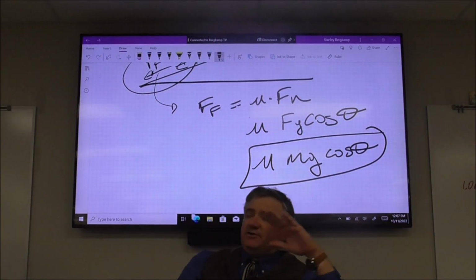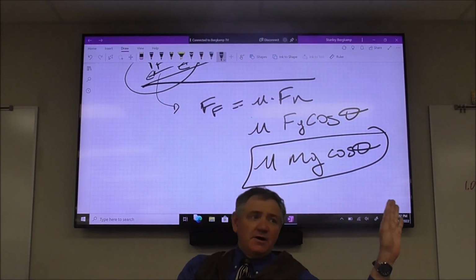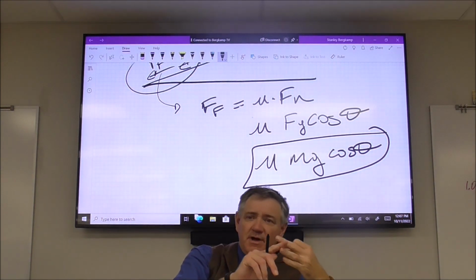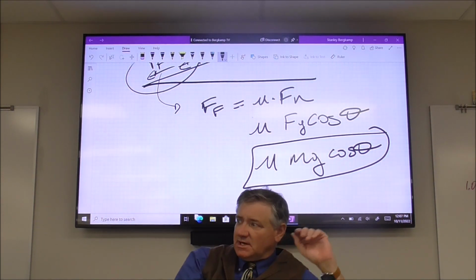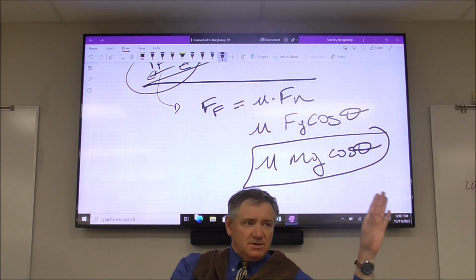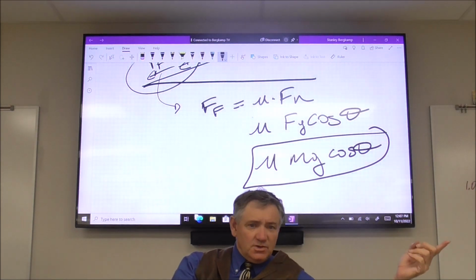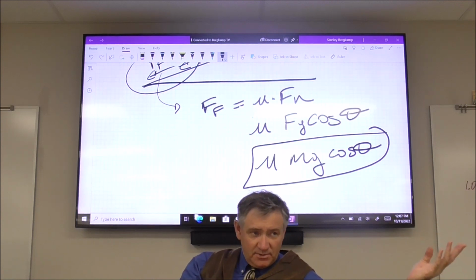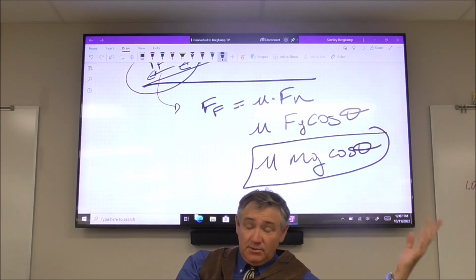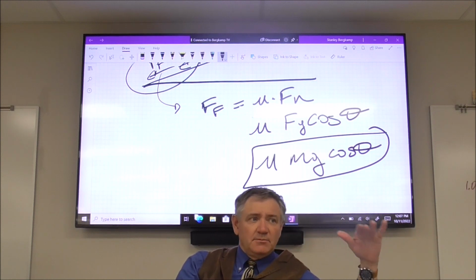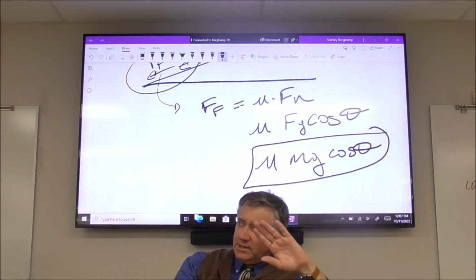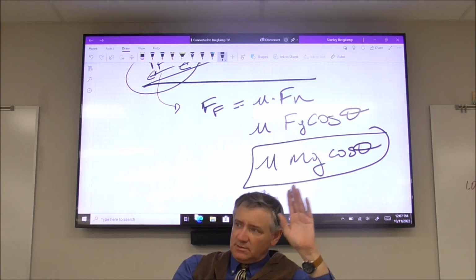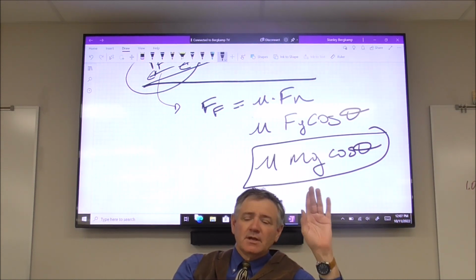So if you want to find your force friction in one calculation, take mu times your mass times g times the cosine of the angle. All you have to do is plug in the numbers. Read through the problem. I've given you mu, I've given you the mass, you know what g is. Assuming that you're in degree mode, not radian mode, you should be able to get that force friction in one step, okay? Just plug in all the numbers. Mu mg cosine theta, okay?